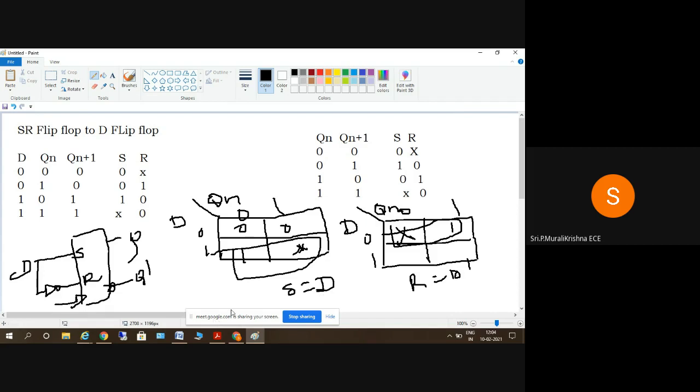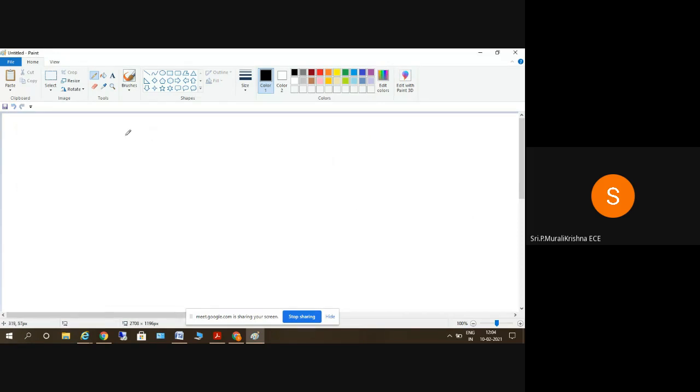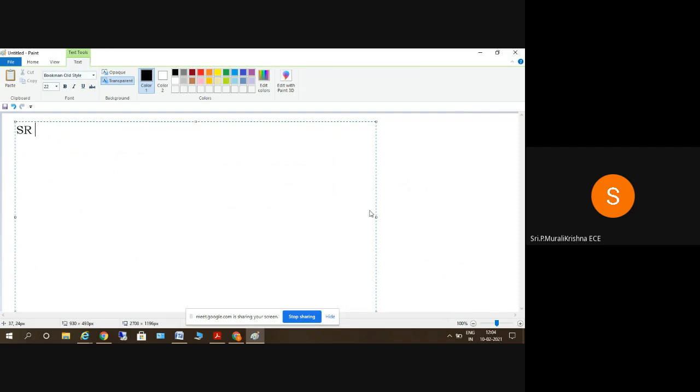So it is a lengthier one. Okay, SR to JK flip flop. We'll have the inputs like S, R, Q of n.